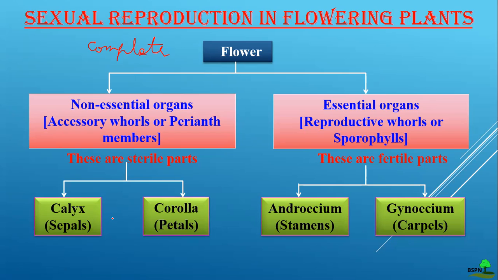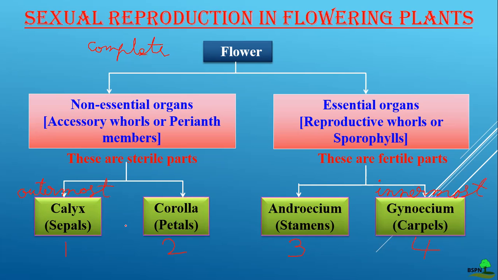So in a flower, the calyx is the outermost whorl, followed by the corolla or petals, followed by the androecium or stamens, and then the gynoecium, which is the innermost whorl.